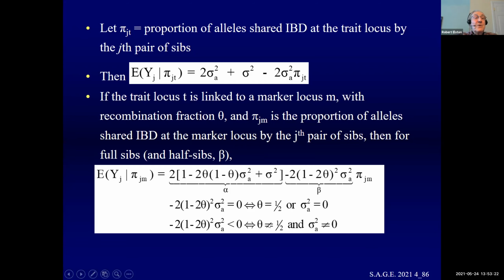We're not saying what the recombination fraction is, because from these data it'll be symmetric about a half, but you know it's not a half if you have a negative regression.